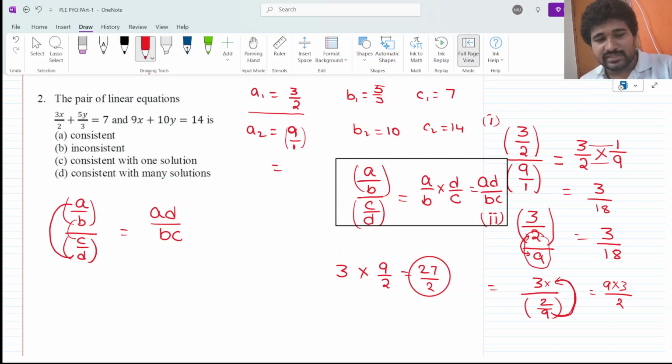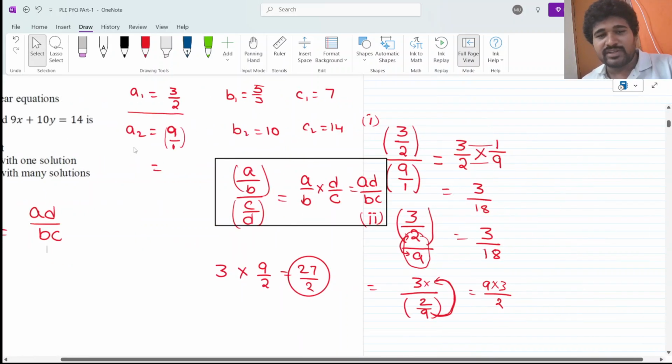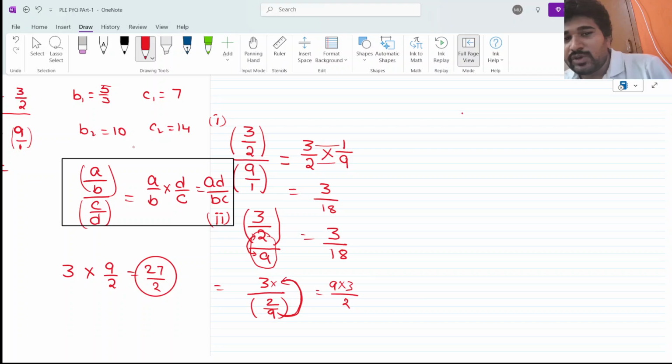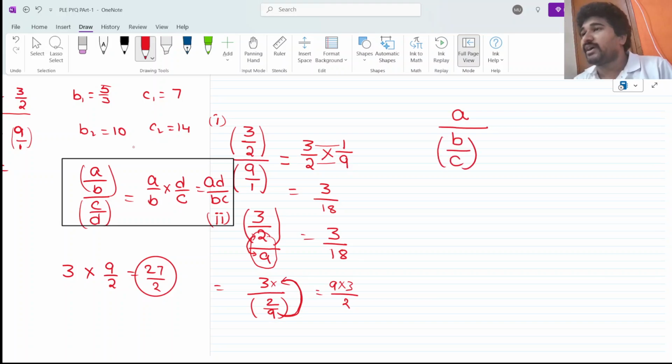Understood that? Sir, suppose I have A divided by B by C. On top there is just one number, and below there is a fraction. Observe properly. B by C together is called the denominator.